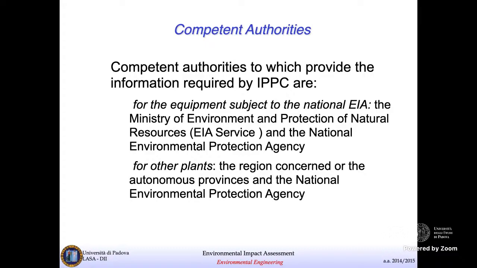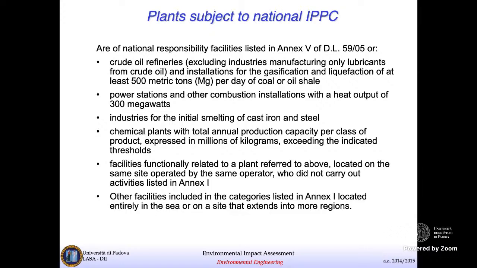For other plants not of national relevance, the region concerned or the autonomous provinces and the National Environmental Protection Agency are the competent authorities that shall be able to issue the integrated environmental authorization.